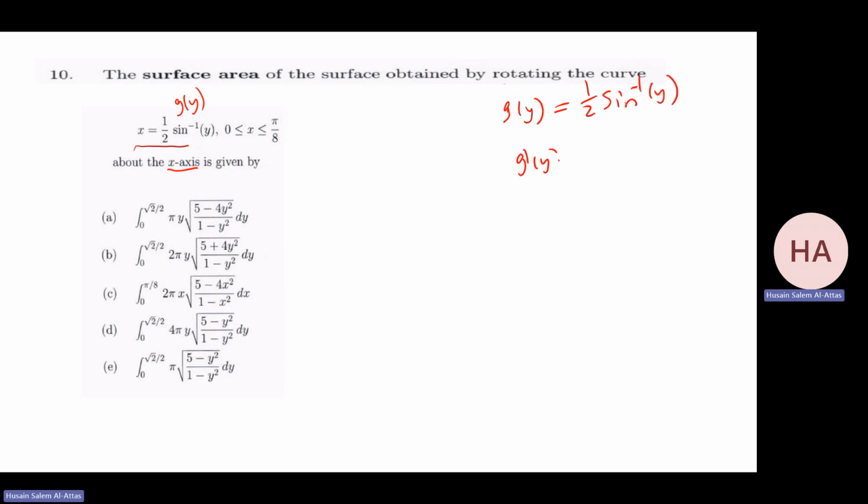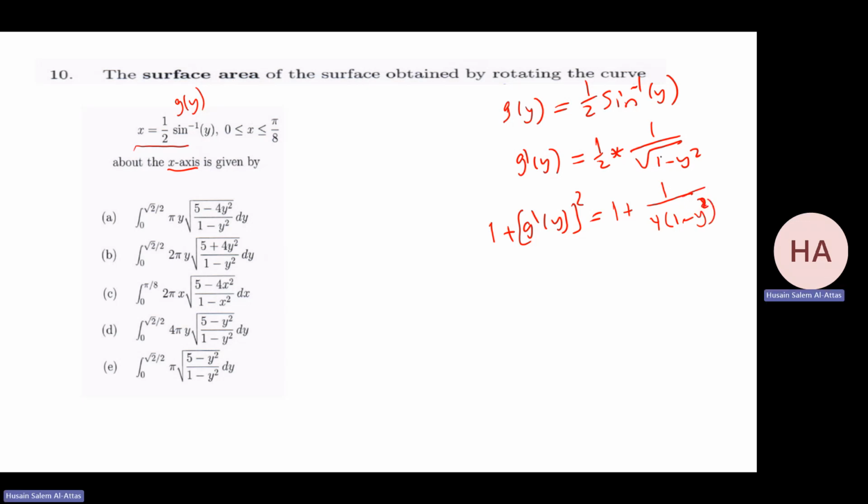What is g prime of y? Be careful. That will be half times 1 over the square root of 1 minus y squared. Now 1 plus g prime of y all squared.